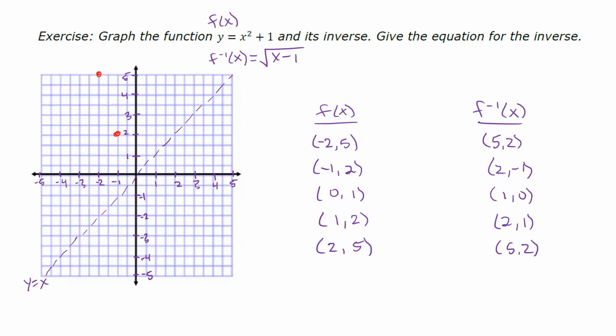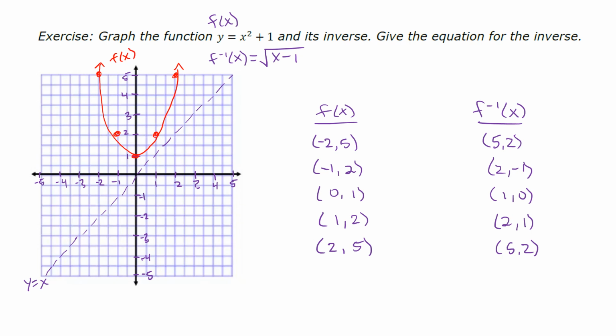We'll have 0, 1, 1, 2, and 2, 5. So this is the function of f of x. That's the graph.